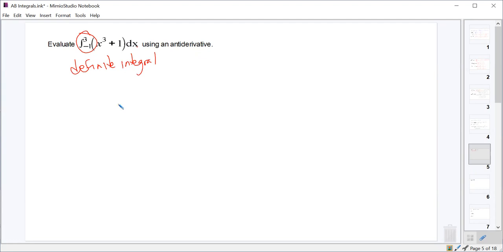Well, what's the integral of x cubed plus 1? Ought to be x to the 4th over 4 plus x. And we'll just evaluate that. And this is how I'll notate this, from -1 to 3.